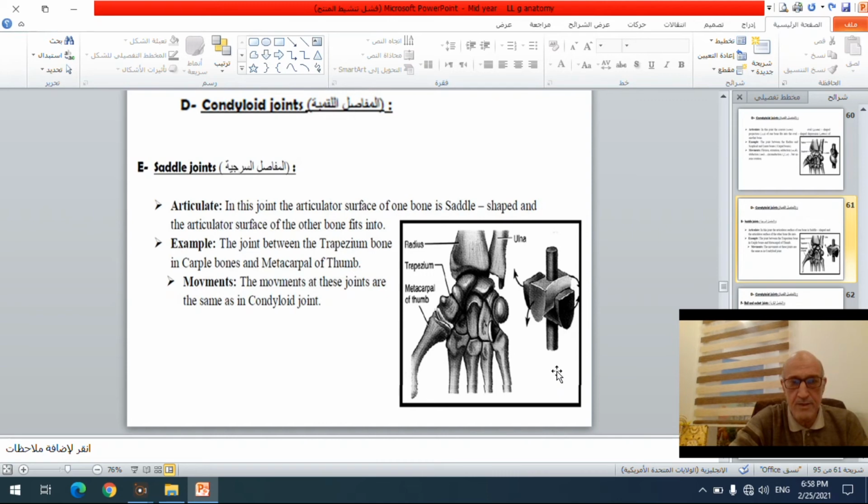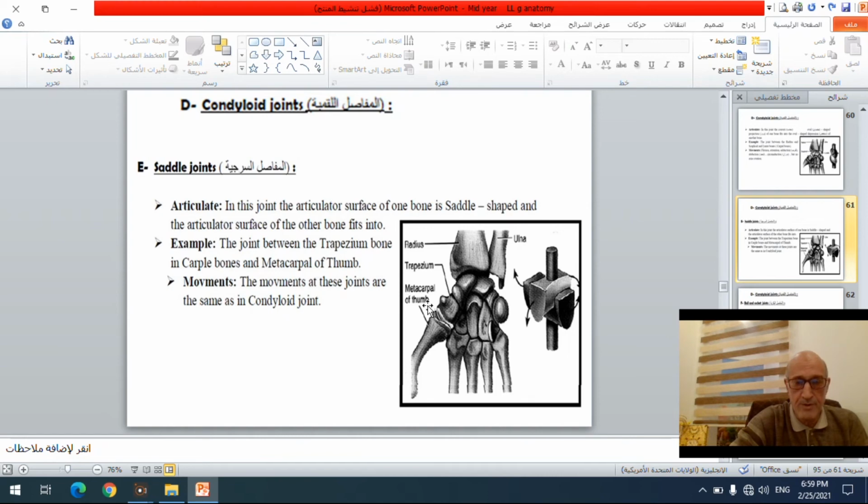Saddle joint, also like the condyloid type, but the articular surface of the bone is saddle shaped. This is saddle shape.